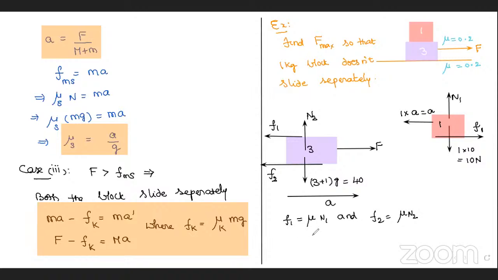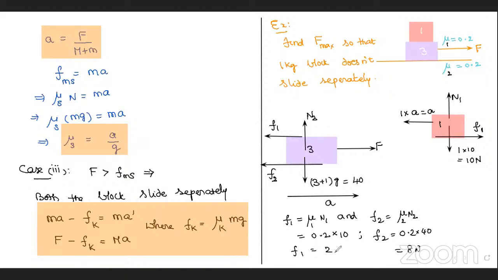Mu1 is 0.2 here; both are given the same, mu1 and mu2, in the question. So 0.2 into N1, which is 10 in the opposite direction, and N2 in the opposite direction is 40. So F2 is 0.2 into 40. I am getting 8 and this I am getting 2.